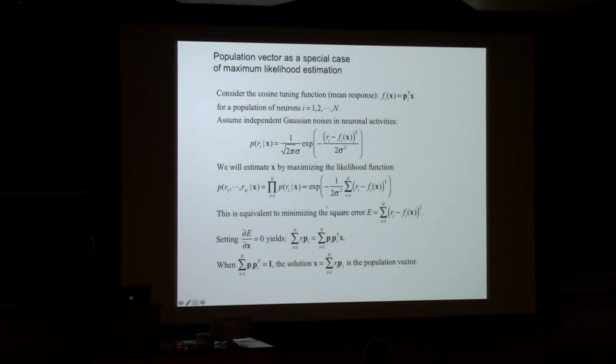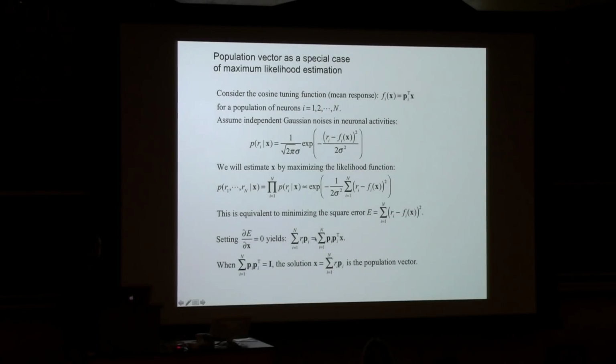So to optimize this, you take a derivative with respect to x, set it to 0, and you get a linear equation that looks like this. Of course, f(x) actually depends on x in this way. I'm not going to do this derivative, but this is just a quadratic term, and when you take the derivative it becomes a linear equation.